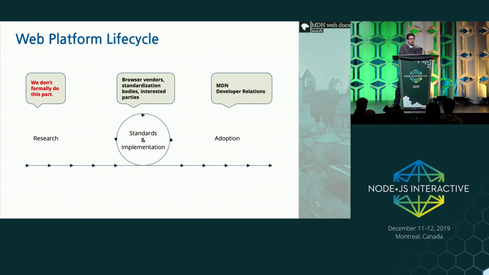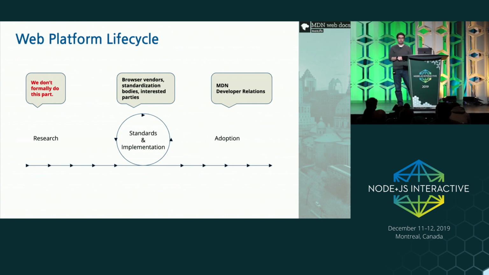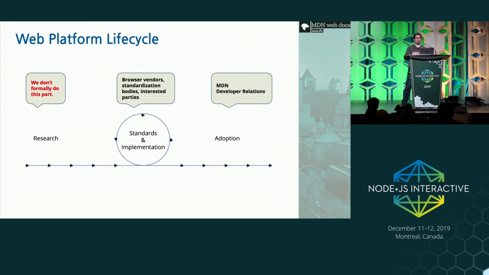So we interviewed more than 10 people involved in different stages of that process. And it became clear that there was no formal research, really. At Mozilla, we have an amazing team that does user research for Firefox. But that's for end users. And it's not so much the case when it comes to developers. We just don't have those resources.